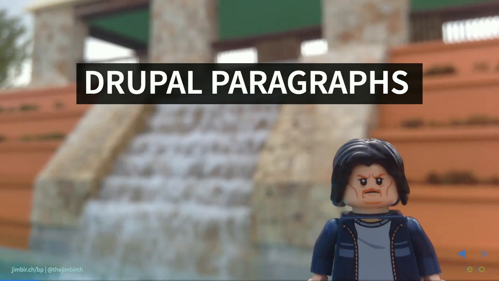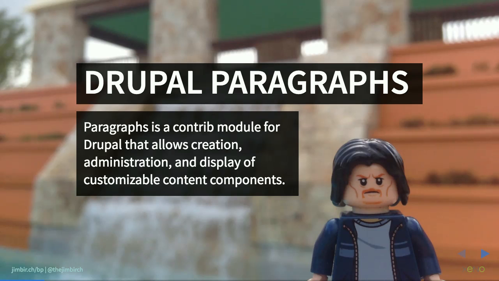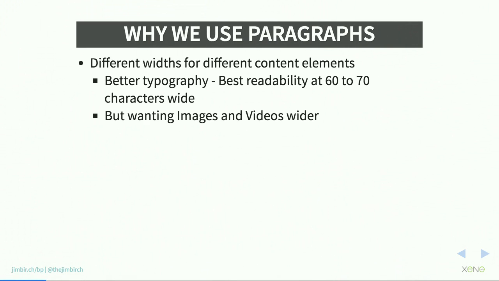So Drupal Paragraphs, for anybody that doesn't know, is a contrib module for Drupal that allows creation, administration, and display of customizable content components. I first discovered Paragraphs when I was presented with a design from a designer that had a typography column that was very narrow.